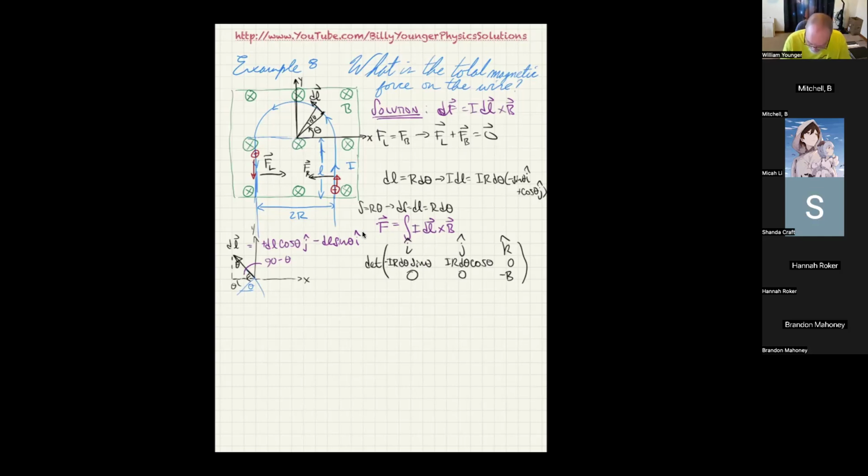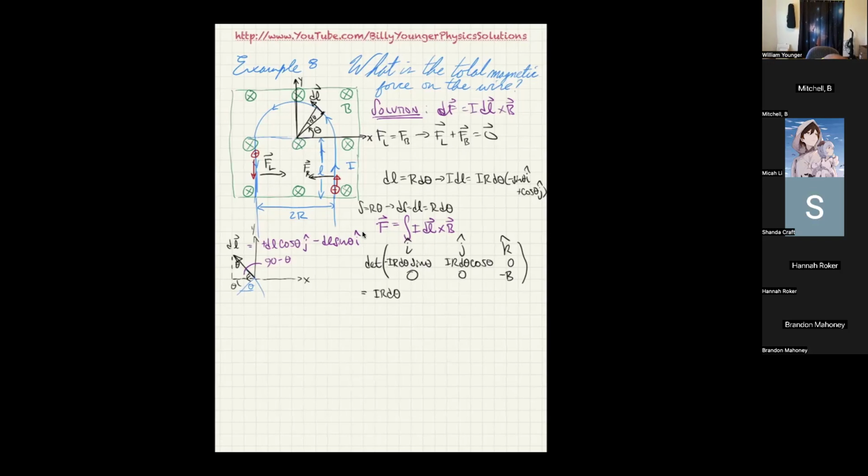So in this case, when I go to do the i hat vector, the i hat vector is going to cause us to cover up the first column and the top row. So that leaves that bottom right. Notice that has a 0 in the sides of it, but we can still do it. Everything has an I R d theta in it, so I'm just going to pull that out in front, I R d theta.